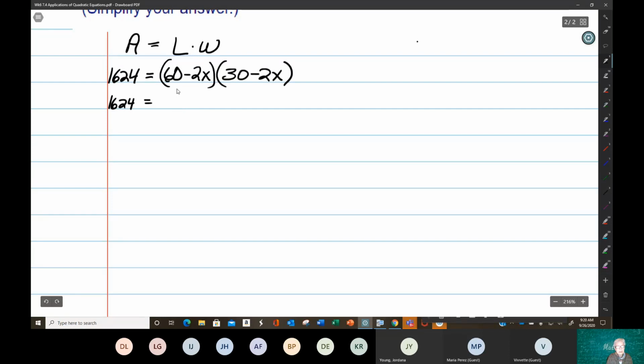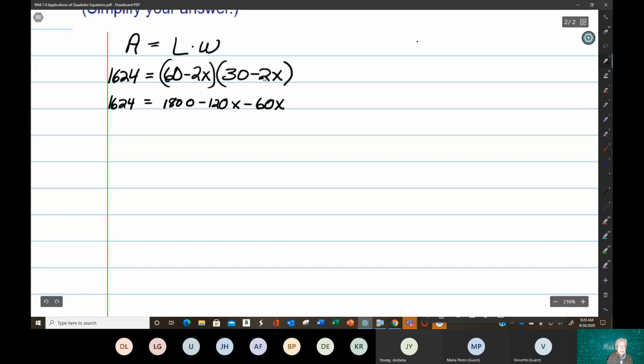All right, 60 times 30 is 1800. 60 times minus 2x is minus 120x. Negative 2x times 30 is negative 60x.